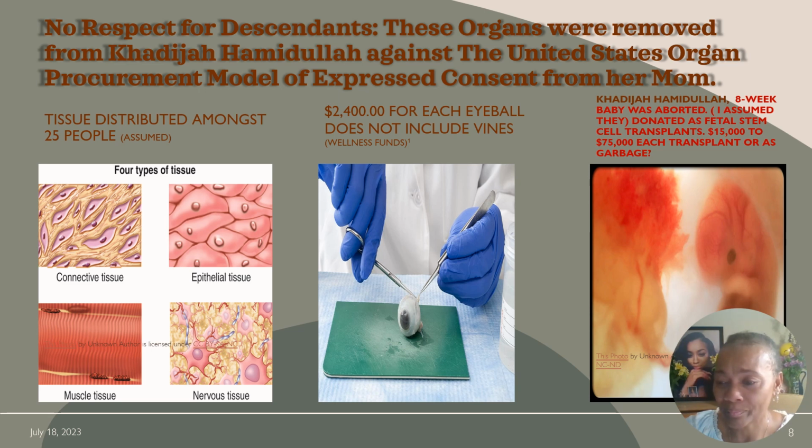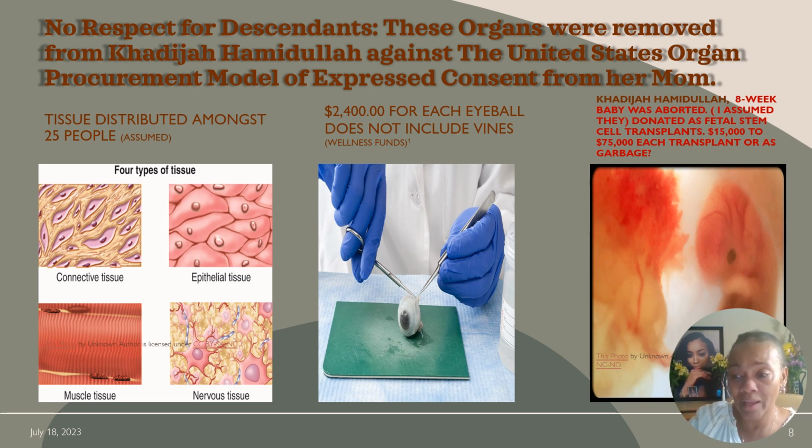And I'm assuming that it was donated for stem cell transplantations. Those transplants run between $15,000 and $75,000. So unless my grandbaby was put in the garbage, I want to say that they used my grandbaby for the stem cell stuff.